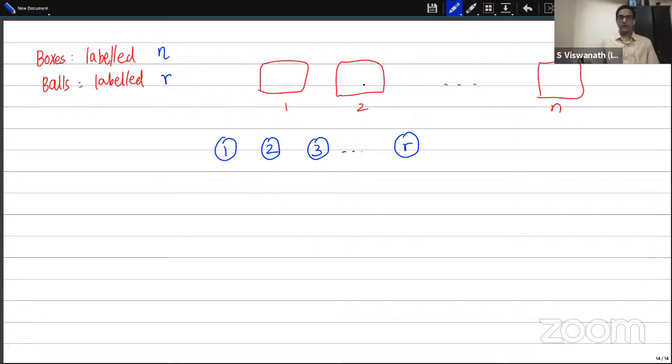So how many different configurations are there? The balls are labeled, the boxes are labeled. Any suggestions? How would you start thinking about it?